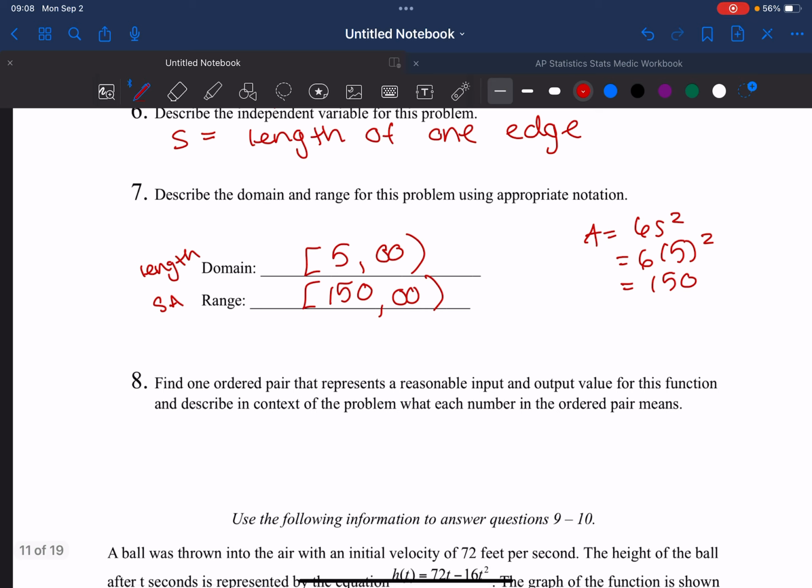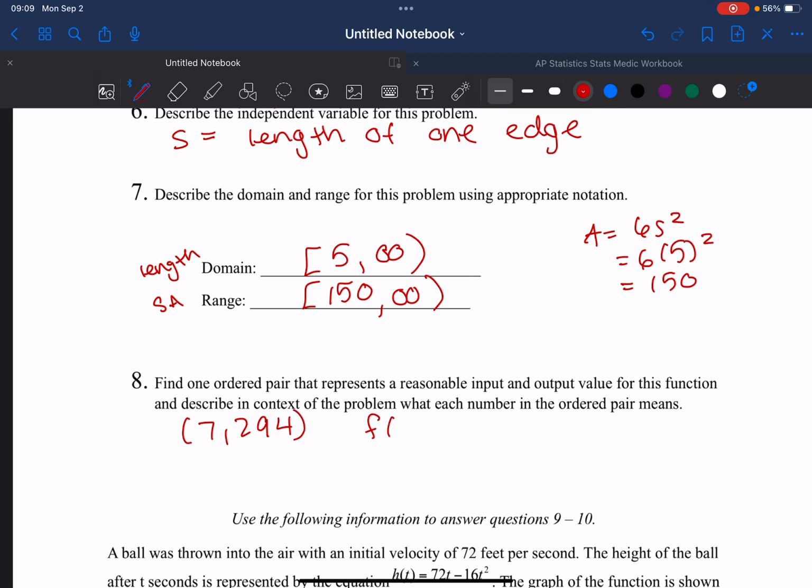Number 8 says, find an ordered pair that represents a reasonable input and output for this function. Okay, so we need to pick an ordered pair where if we were to plug in that s value, the length of one edge, we would get the corresponding surface area value. So we could pick (7, 294).